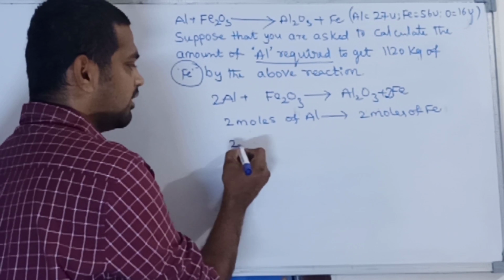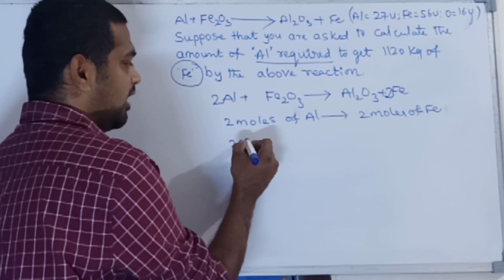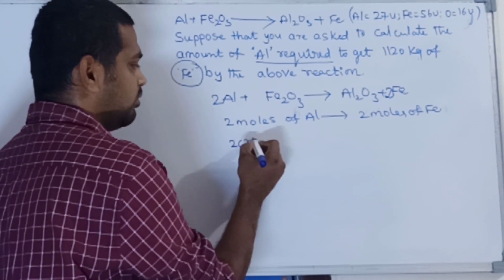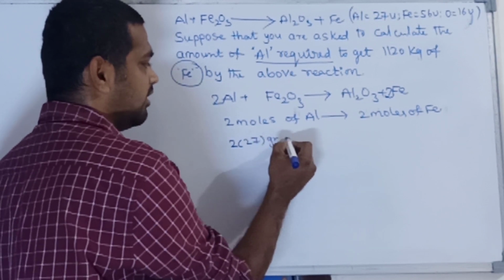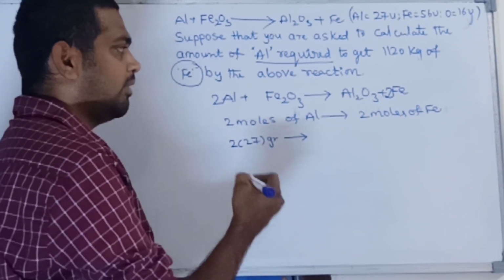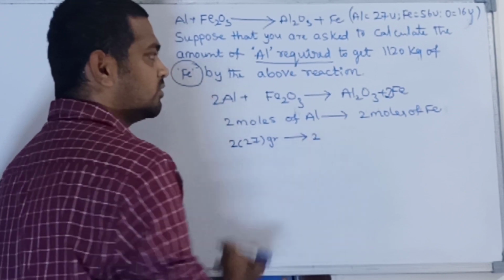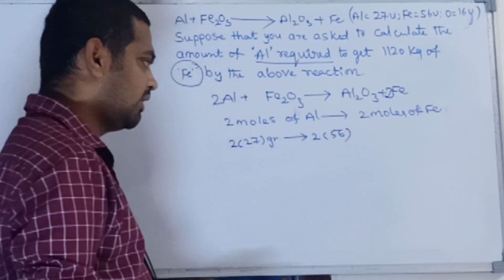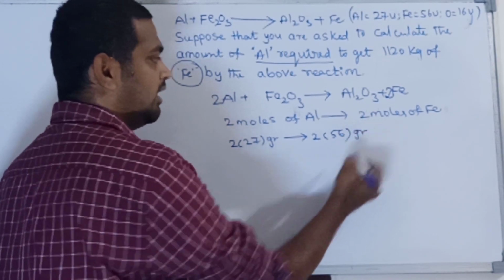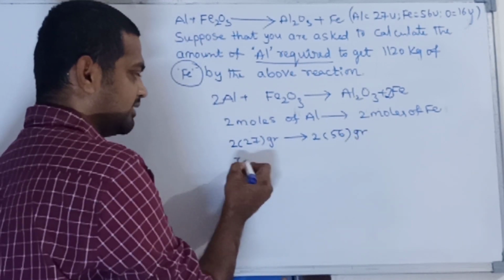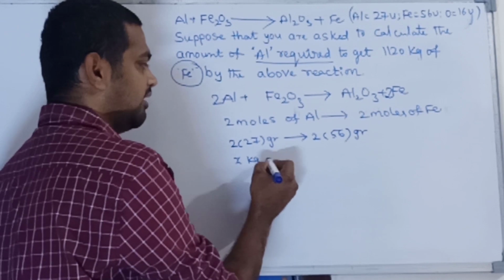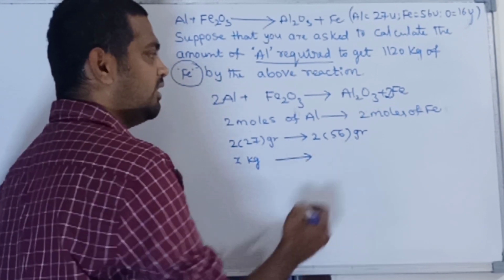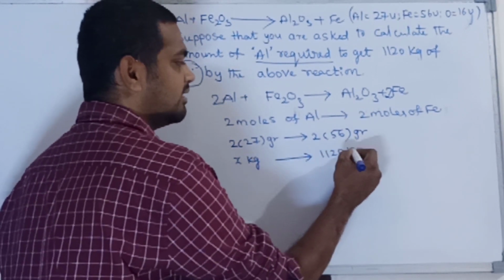So 2 moles of aluminum, 2 times the aluminum weight, is 27. So 2 times 27 grams of aluminum is producing how many moles? 2 moles of iron. So 2 times the iron weight is 56 grams. Let us consider X kgs of aluminum is producing 1120 kgs.